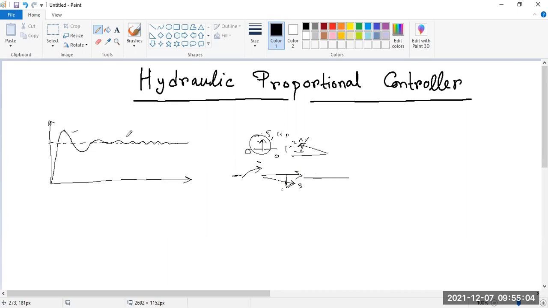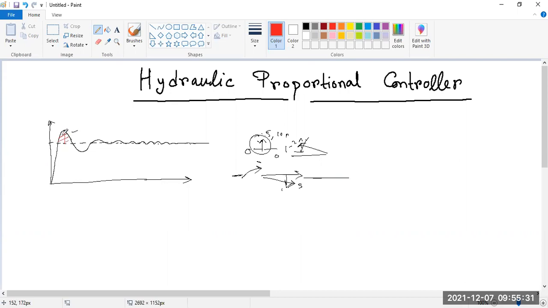But in your industry, or say some machine driven by your motor, sometimes there is rippling. You can see there is a lot of rippling, and after that it will get to a static position. It will get the stability, and this action is working as a proportional.